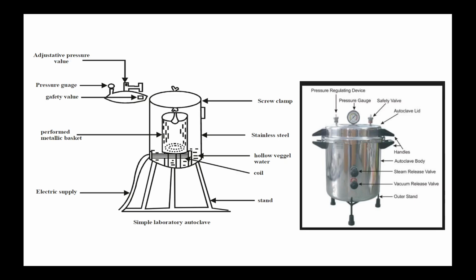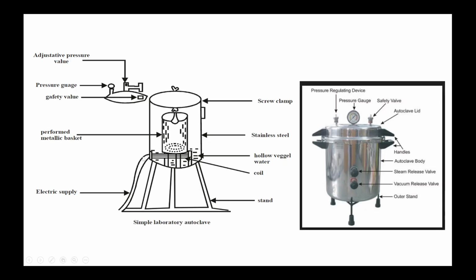This is the safety valve, just like on a pressure cooker. It opens after 15 psi. If the pressure goes beyond 15 psi, the safety valve will open so that it will again reach the 15 psi point, and the pressure will be maintained at 15 psi for 15 to 20 minutes.